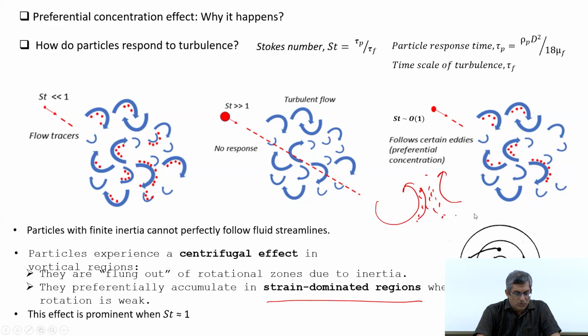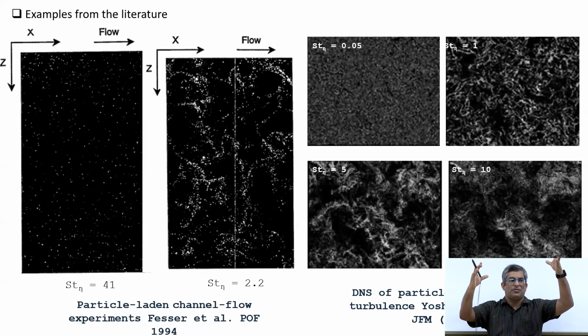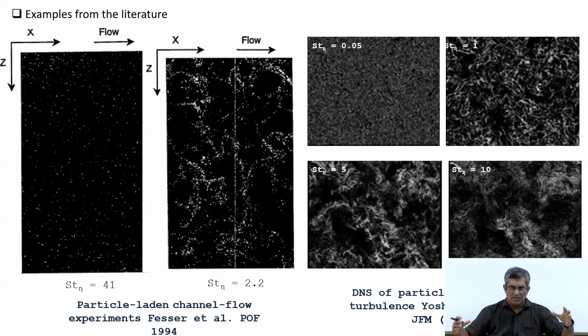Now, I will show you some examples from the literature. People have done studies in various flow configurations and they have found this effect. For instance, in this case, these authors did experiments in a particle laden channel flow. It is a vertical channel in which they have airflow and you add particles.